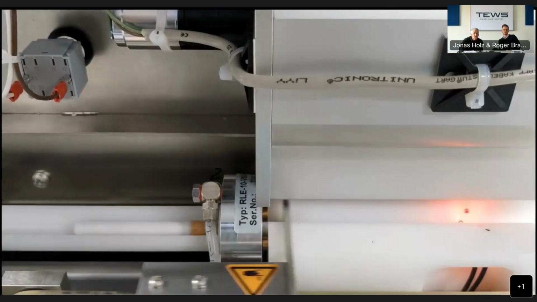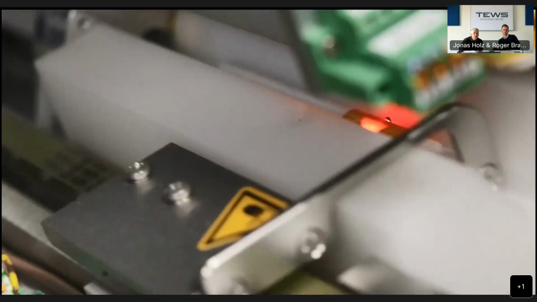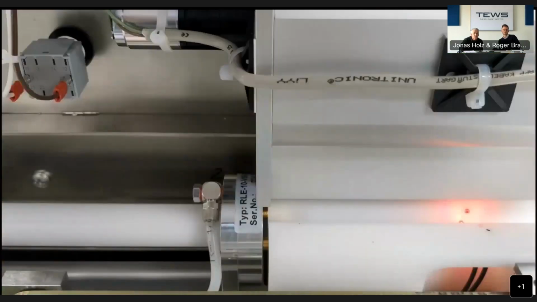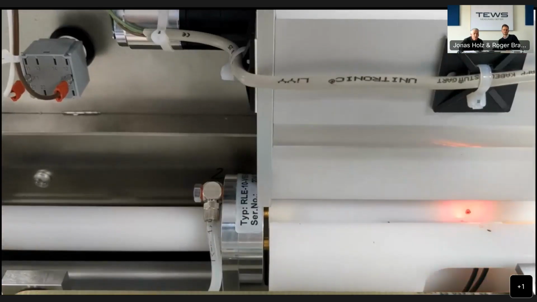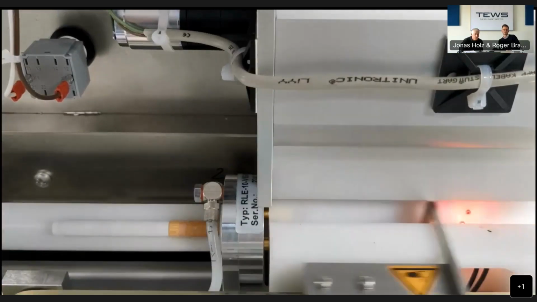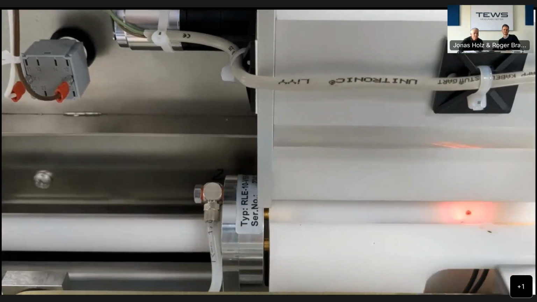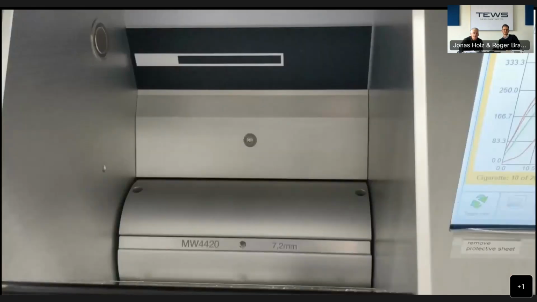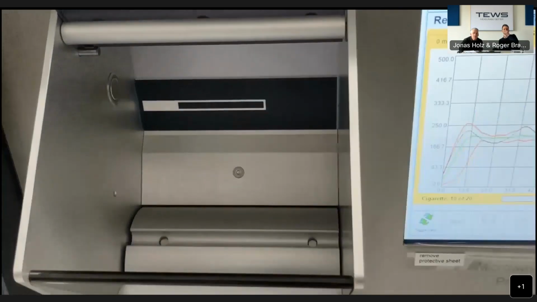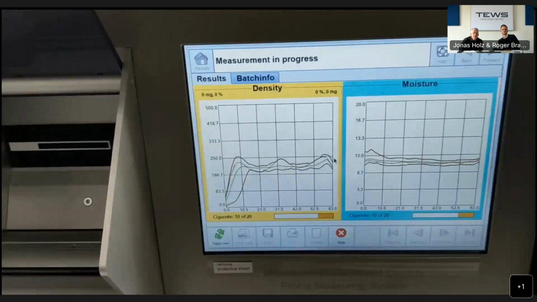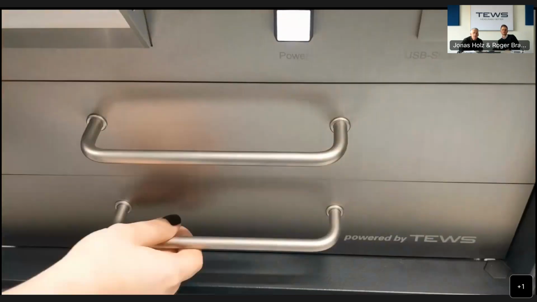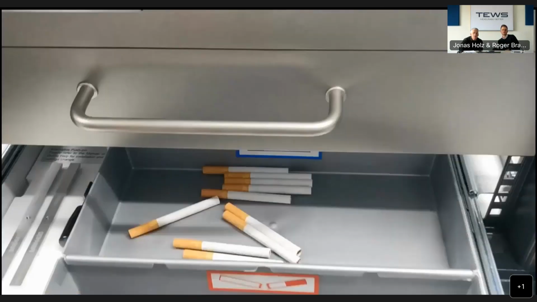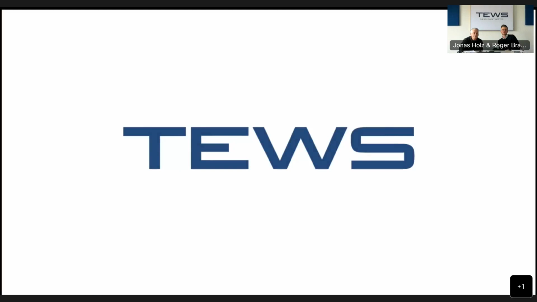The arm moves it through the microwave sensor, and the drop-off rail will drop it into a lower drawer. So we have two drawers on the front side. The result is displayed as a graph, if you like, and here in the lower drawer you will find your cigarettes again.